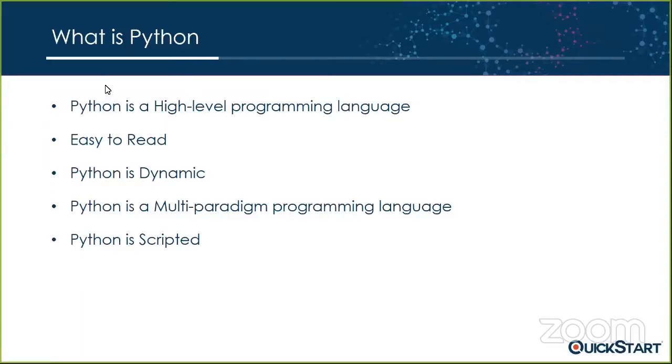We are not supposed to think about whether the type of this variable should be integer, long, float, string, or any other of the number of types available in the programming language. So this is, I would say, a blessing in Python. Again, a debatable topic. Okay, Python is a multi-paradigm programming language.